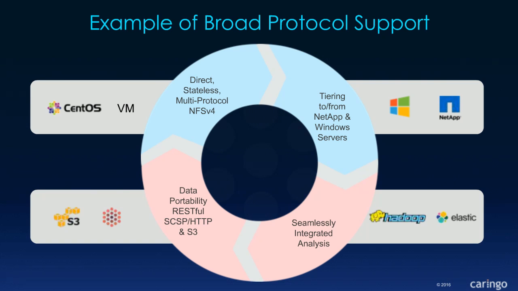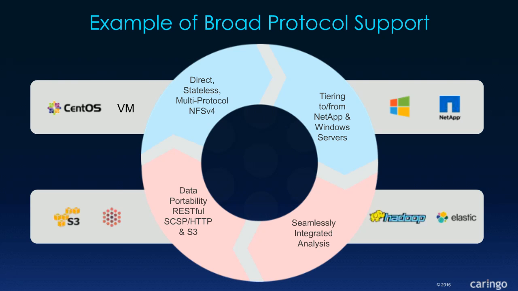People find themselves in a situation, for example, where they have this large set of unstructured data that's making a huge footprint on their expensive Windows and NetApp filers, and they want to be able to free that space up for other uses. And the situation they're facing is, do I put down a lot of money for NetApp expansion? Do I put down a lot of money for expensive Windows filer expansion?